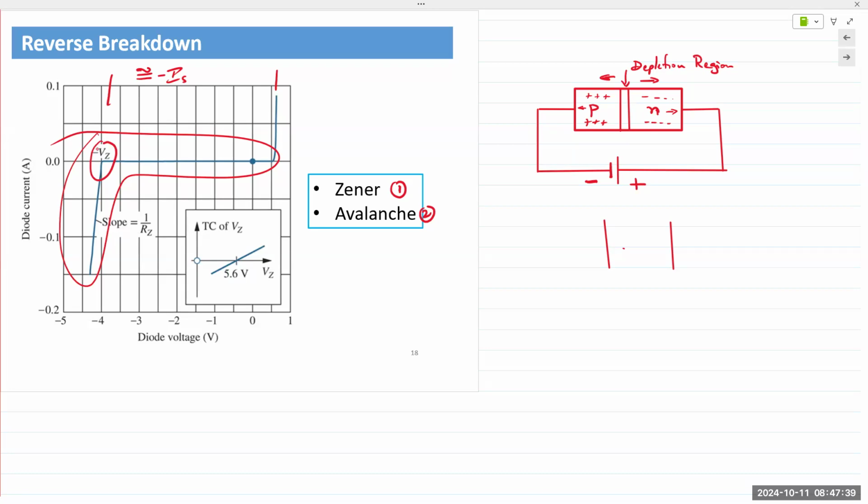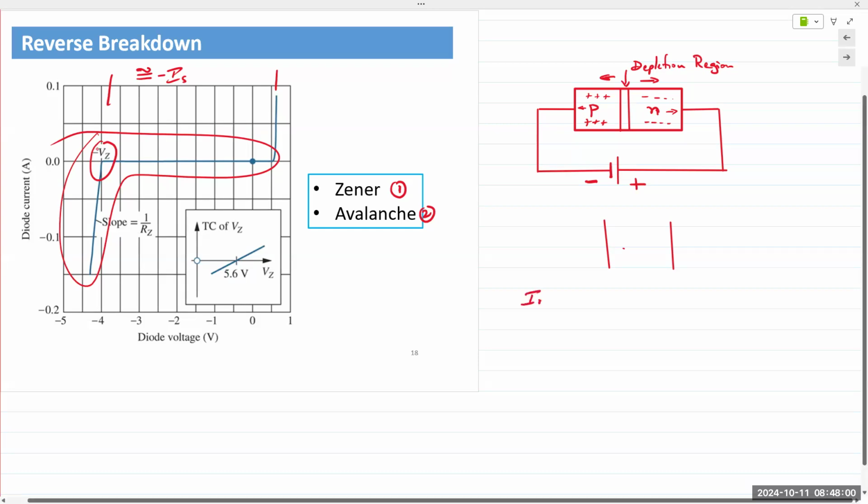And at that point, they now have sufficient energy and sufficient numbers to simply move through the junction and in the circuit. And because of the cascading effect, because of the avalanche effect, it is referred to as the avalanche. It also is referred to as the impact ionization phenomenon.